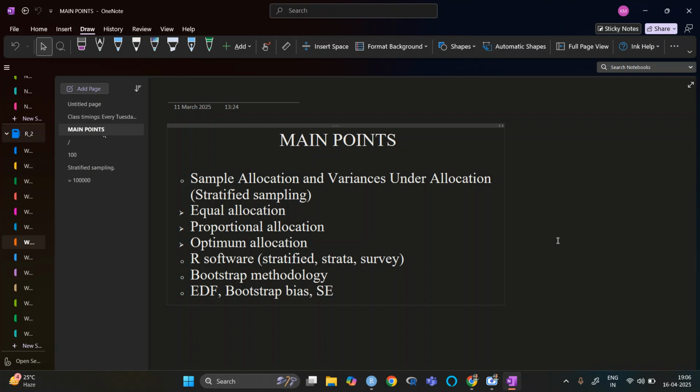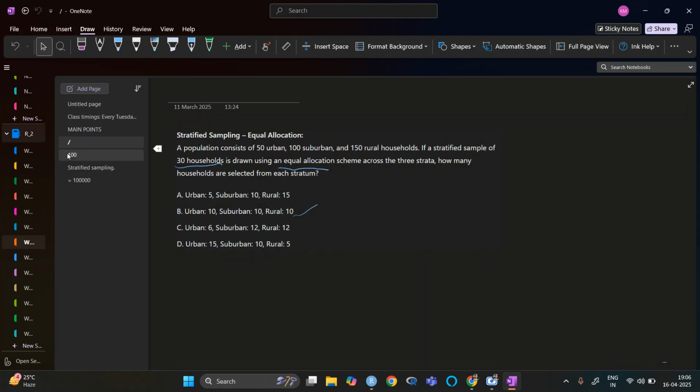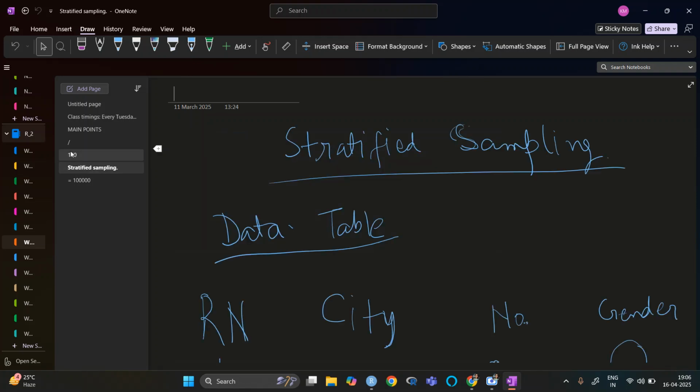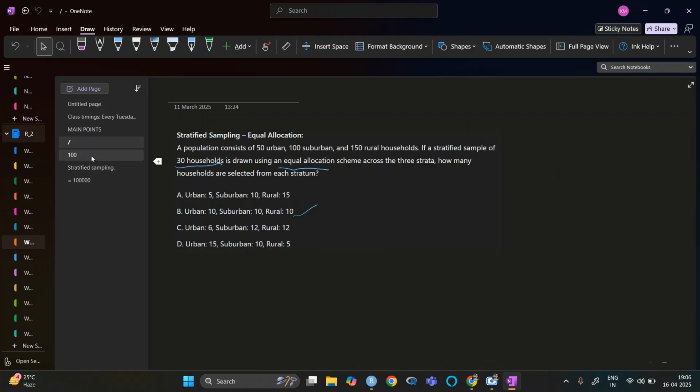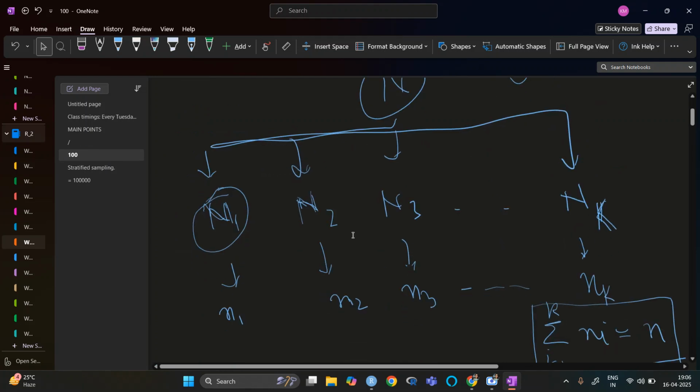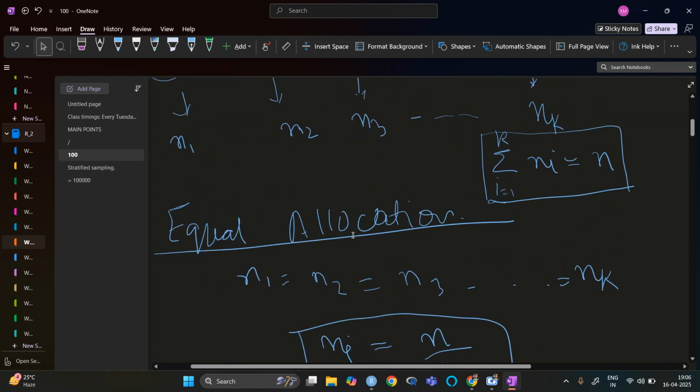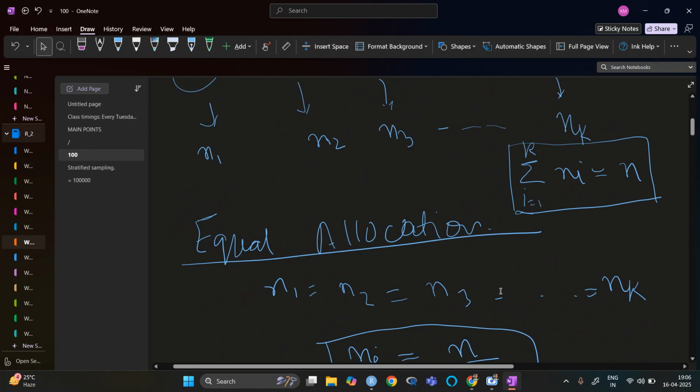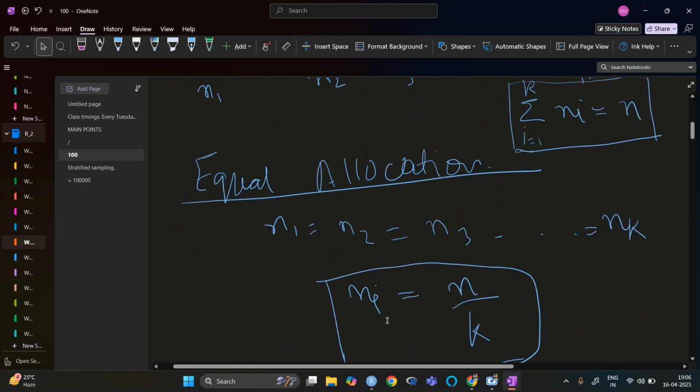But in the last one, the optimum allocation is done. You can see how equal allocation is done, that all are the same. So for each ni, you have capital N by k.